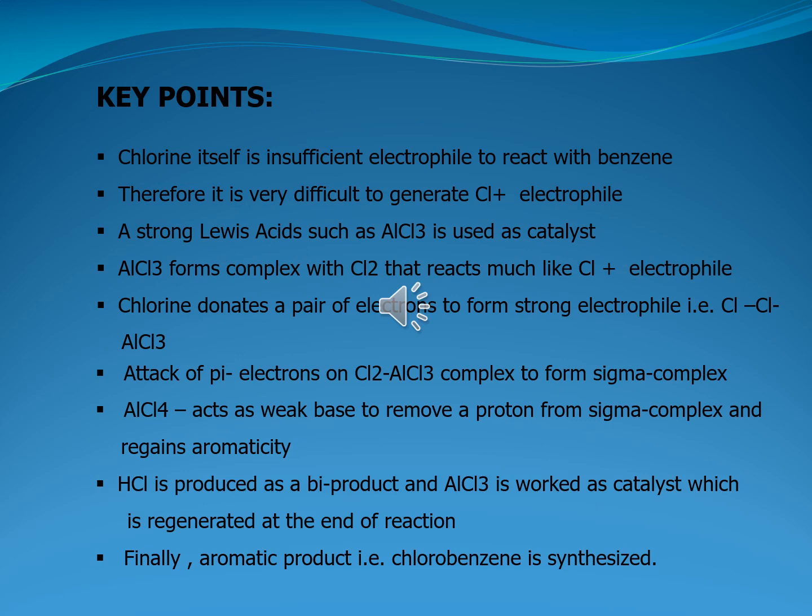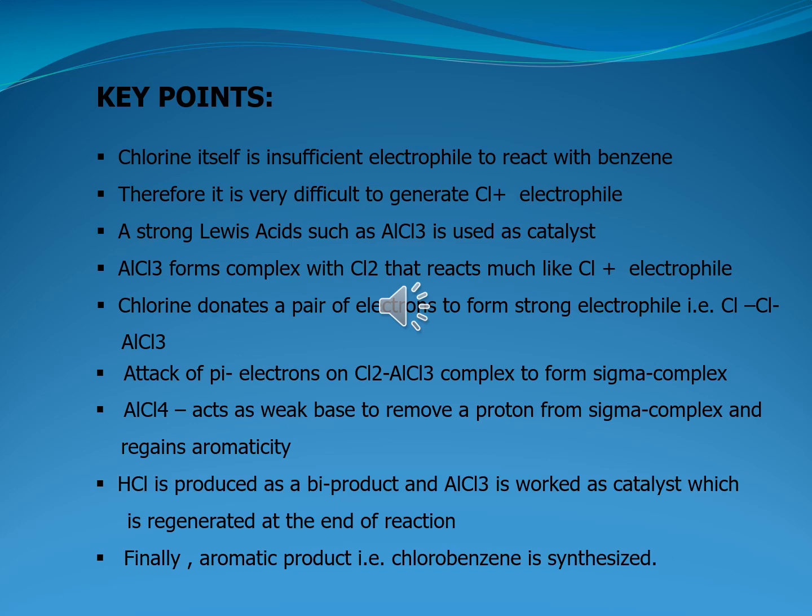Let's see the important key points and the key mechanism of chlorination. As you know, chlorine itself is an insufficient electrophile to react with benzene, like bromine. Therefore, it is very difficult to generate a chlorine electrophile.